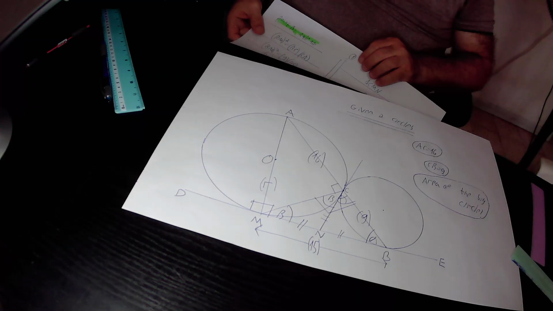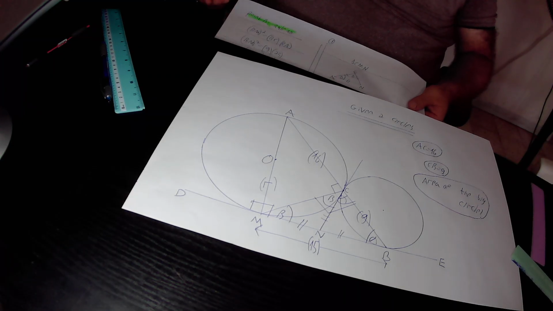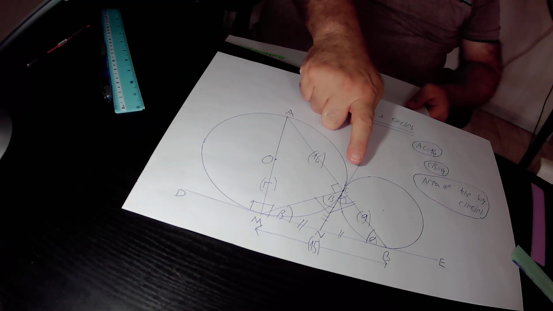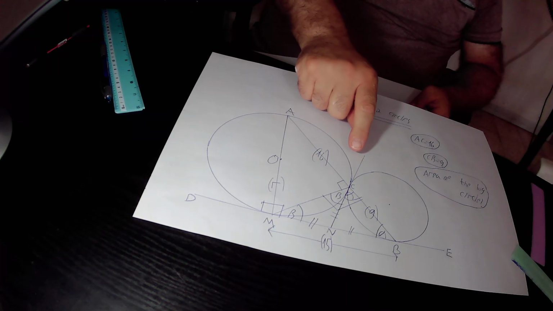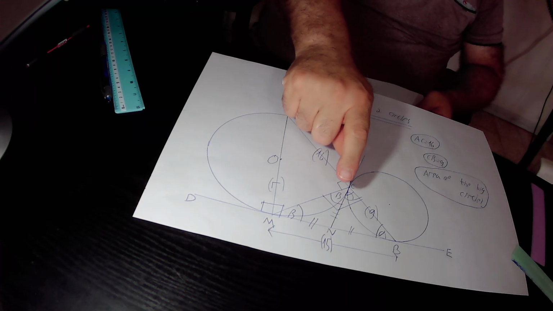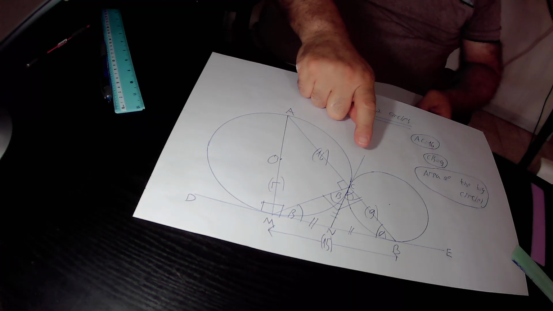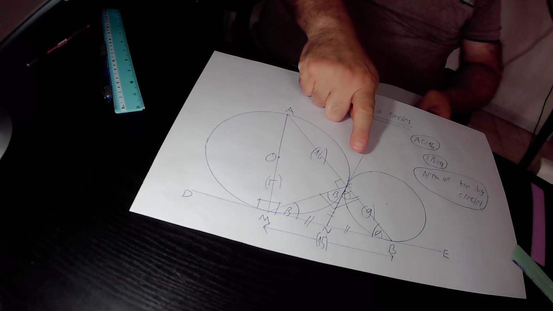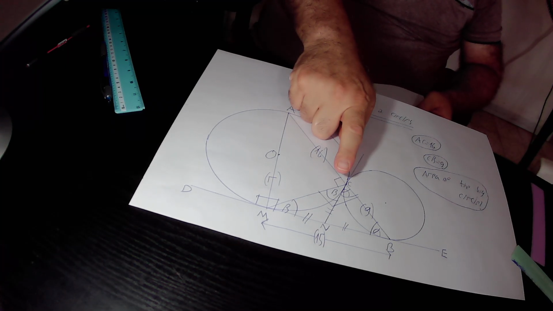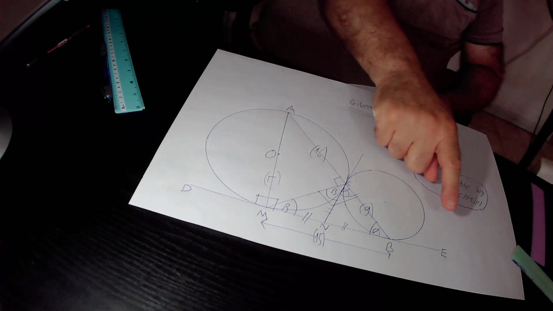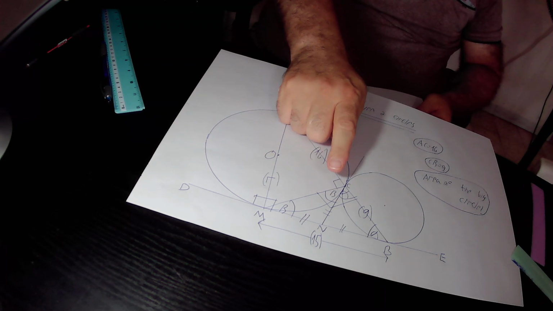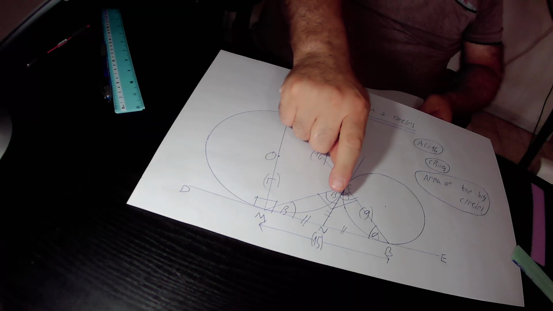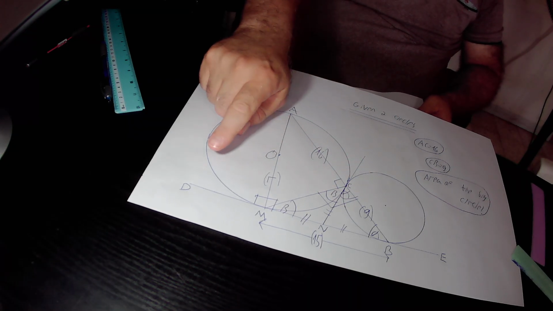Okay, in the next step we did a construction. From the point of tangency of those two circles, that is from point C, we draw the common tangent that belongs to both circles until it touches tangent DE, and we define the touching point on DE.